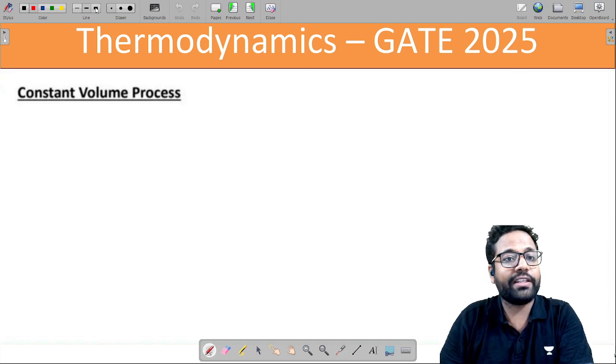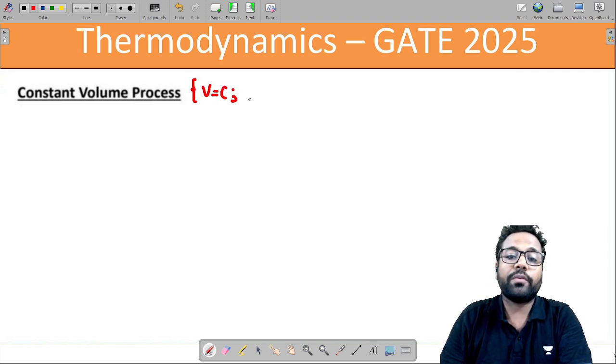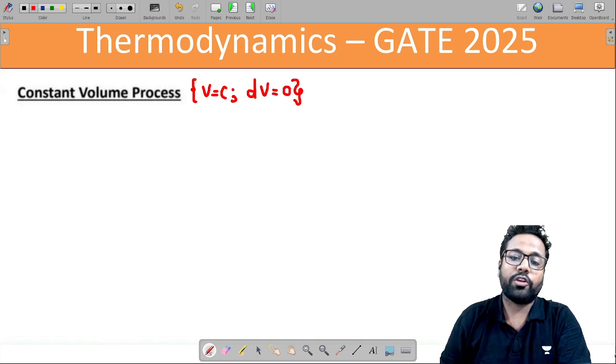यहाँ पे मैं आप लोगों के लिए लिखता भी जाता हूँ. Sir, the process in which the volume remains constant. Volume remains constant means the change in volume will be equal to 0.